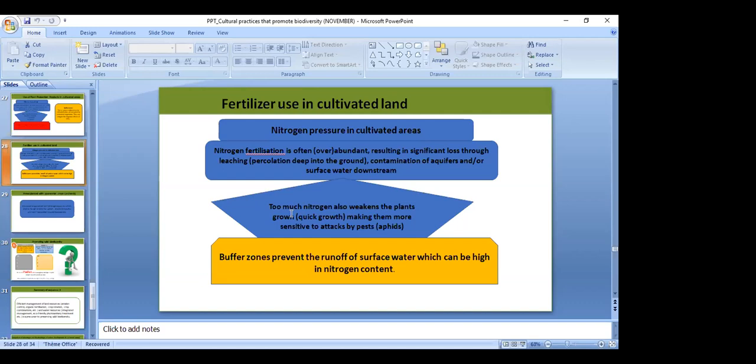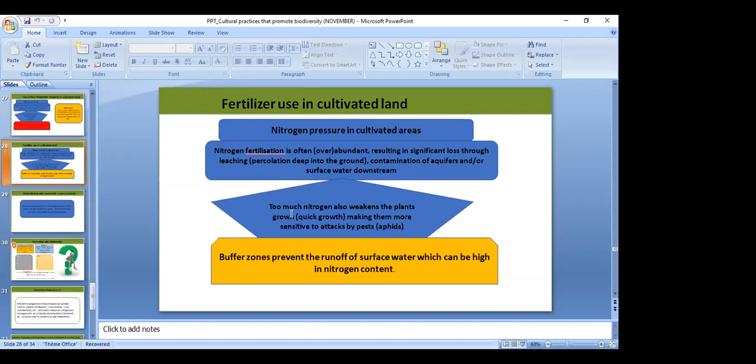So we must have seen aphids on our farm, particularly we that are vegetable farmers. When the field is overloaded with nitrogen, that field is vulnerable to aphids. Aphids invasion, aphids attacks. The vegetable will be flooded and attacked by aphids, and it will lead to total loss. So we do not encourage the use of fertilizer on the farm.